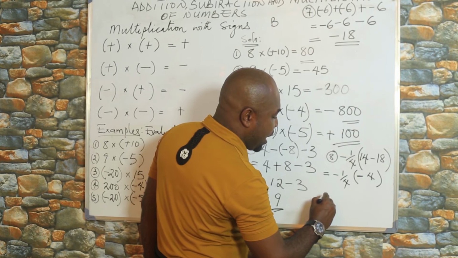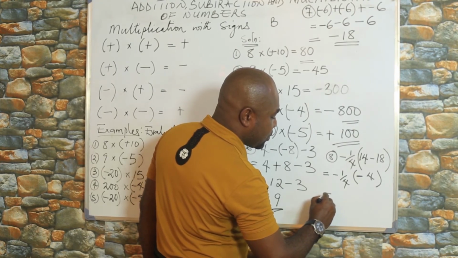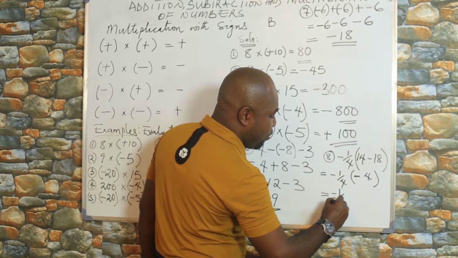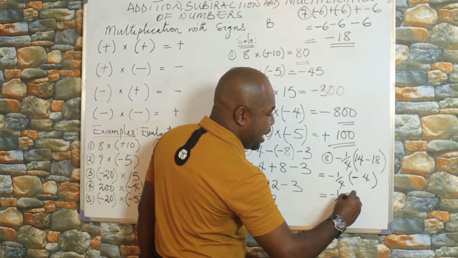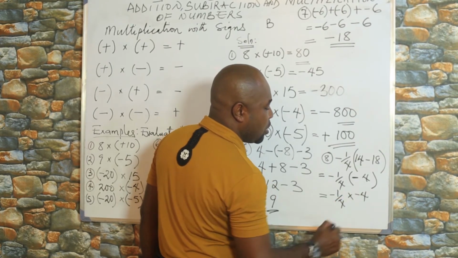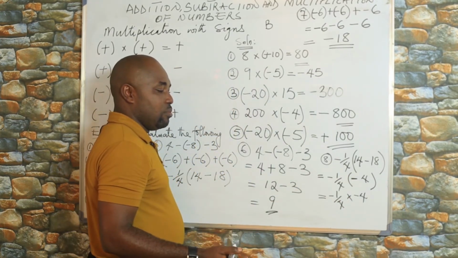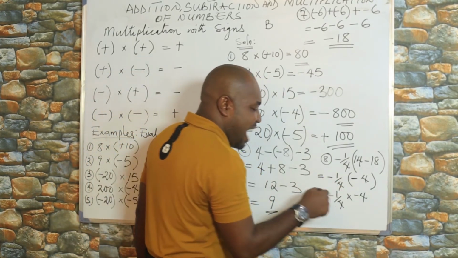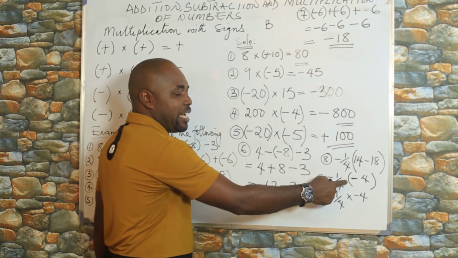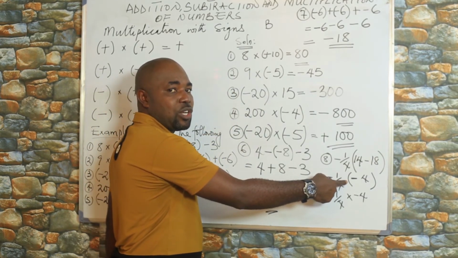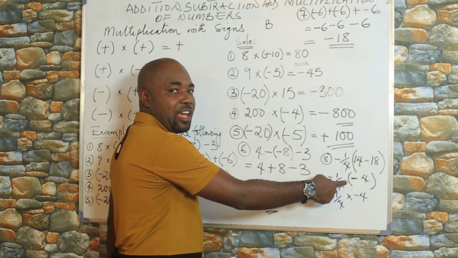Now we have a bracket issue here. This is the same thing as writing minus 1 over 4 multiplied by minus 4. This bracket here means multiplication. I would have just said cancel out, but I want you to understand what the role of this bracket is here.